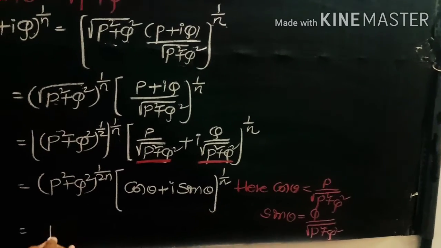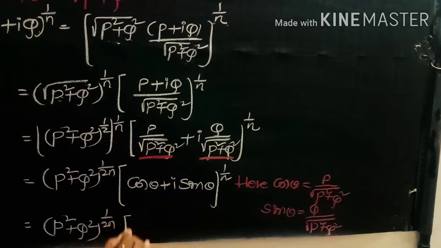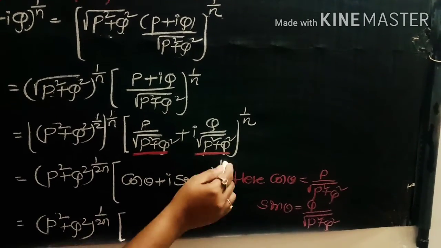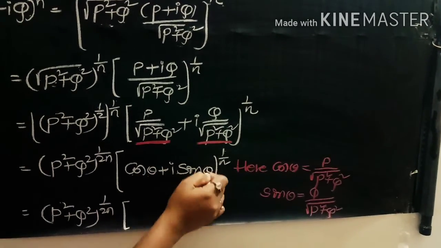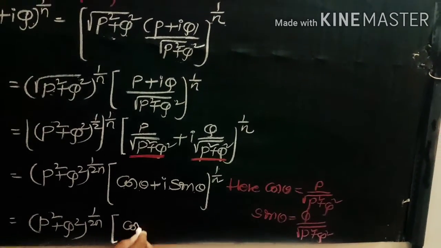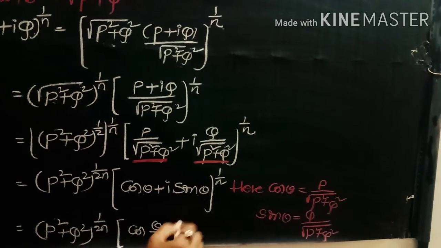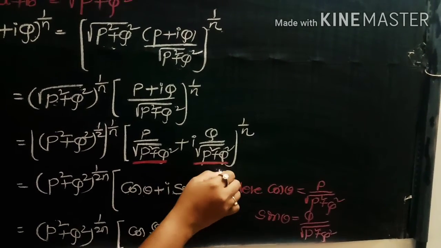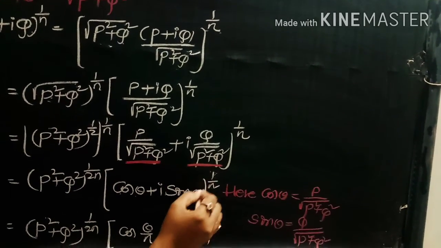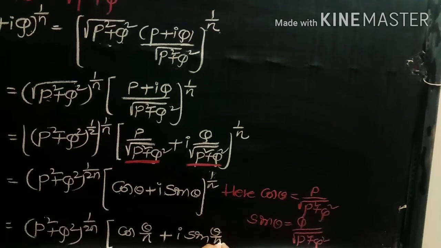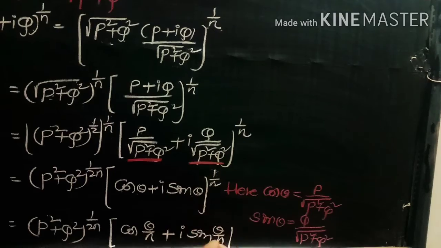This is equal to (p² + q²)^(1/2n) into, now here we apply De Moivre's theorem to this step: (cos θ + i sin θ)^n = cos nθ + i sin nθ. So we multiply the angle by the power value, θ into 1/n, that is θ/n.